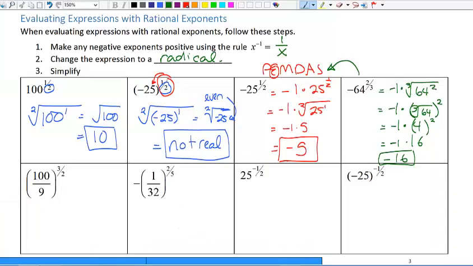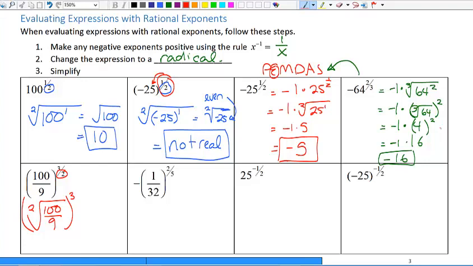On our next problem, we have 100 over 9 to the 3 halves. So the denominator in the rational exponent becomes the index. I could cube the inside first, or I could square root first. Just like our last problem that I did over there in green, it's easier to make my numbers smaller and then cube them instead of cube them and make them really big, and then I have to take the square root, which is kind of hard.